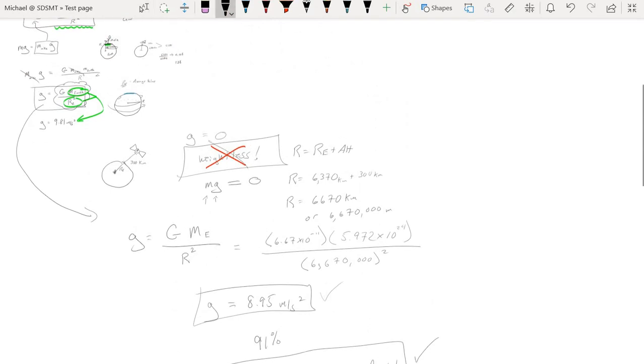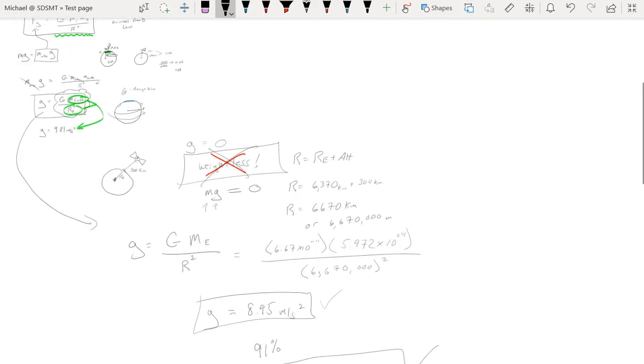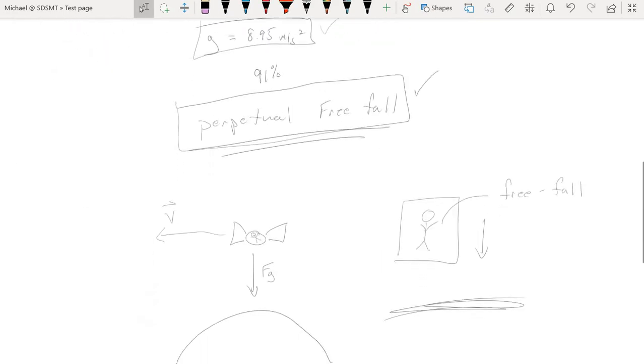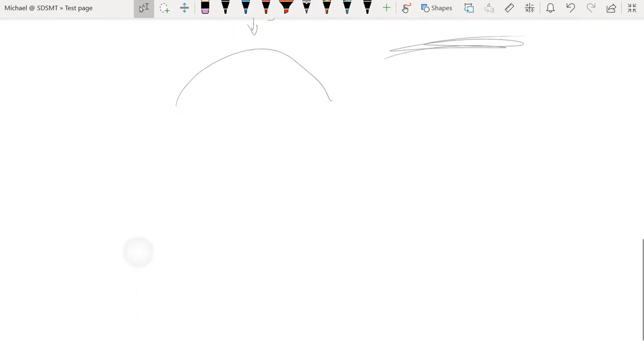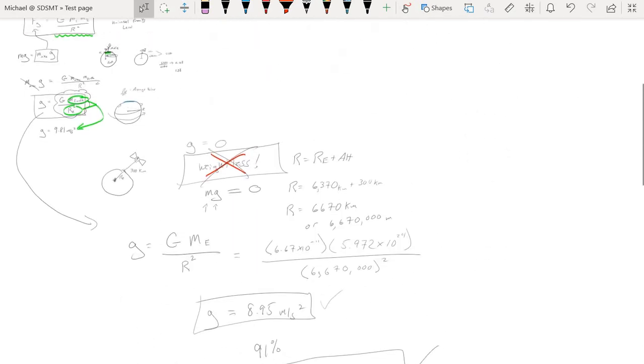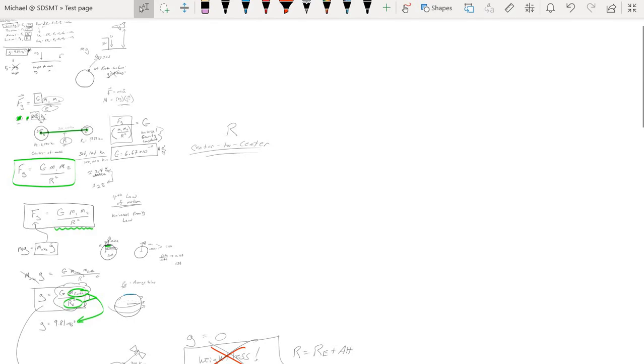So don't use that term weightless, because I will ding you for that if I ever hear that, especially if you come and take any of my classes in astronomy. All right, so that concludes our discussion on the gravity force.